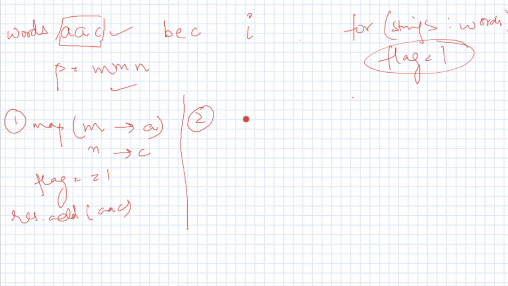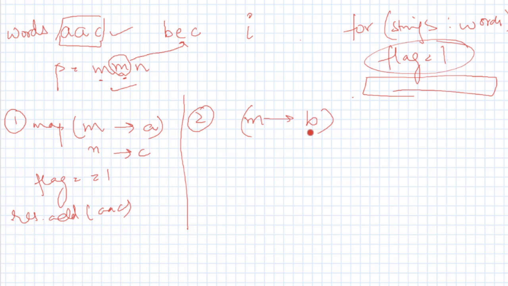Now let's assume the second case. Again the map is empty because we are creating a new map here. For the first time, M is mapped with B. When coming to the second iteration, does it contain M? Yes, it does. But now the question is, is M being mapped with E?